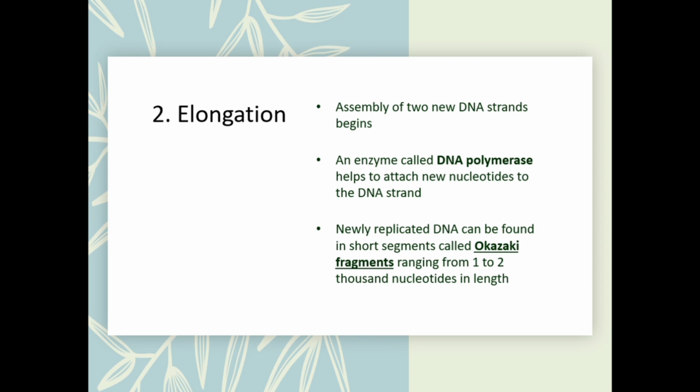Elongation, assembly of new DNA strands, begins with the help of DNA polymerases, and newly replicated DNA can be found in short segments called Okazaki fragments, ranging from 1 to 2000 nucleotides in length, on the lagging strand.